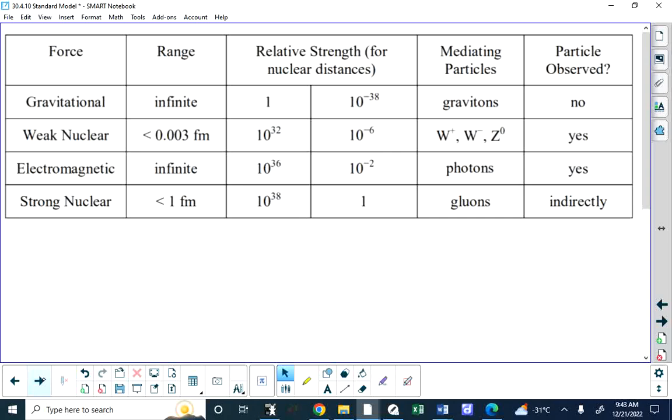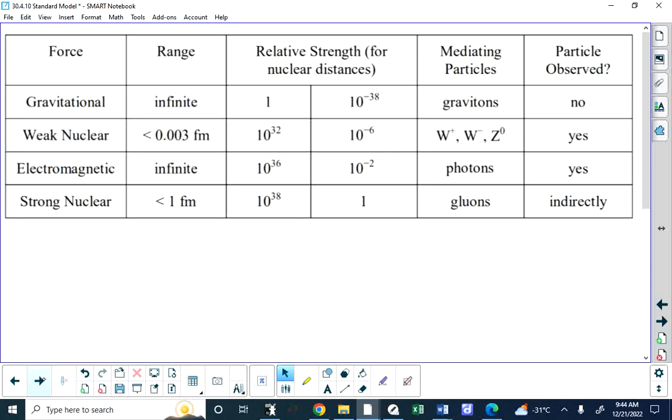So if you were to do some research online, you'd find charts and diagrams showing the standard model of matter, and it's got electromagnetic and weak nuclear and strong nuclear, and then over here in a different room is gravity. Gravity doesn't seem to fit in here. It's explained in a different way. But in high school, we talk about this. Okay? Briefly, any questions about these charts or particles?